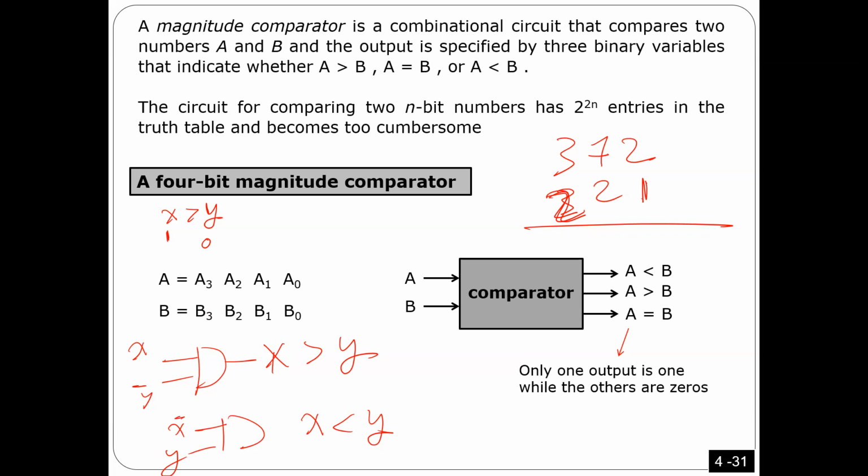So in this case, it has to be X prime Y. Make sense? So now, if I have 2 bits, I can check if the 2 bits are equal or not. I can check if 1 bit is greater than the other bit, or I can check if 1 bit is less than the other bit. Okay.